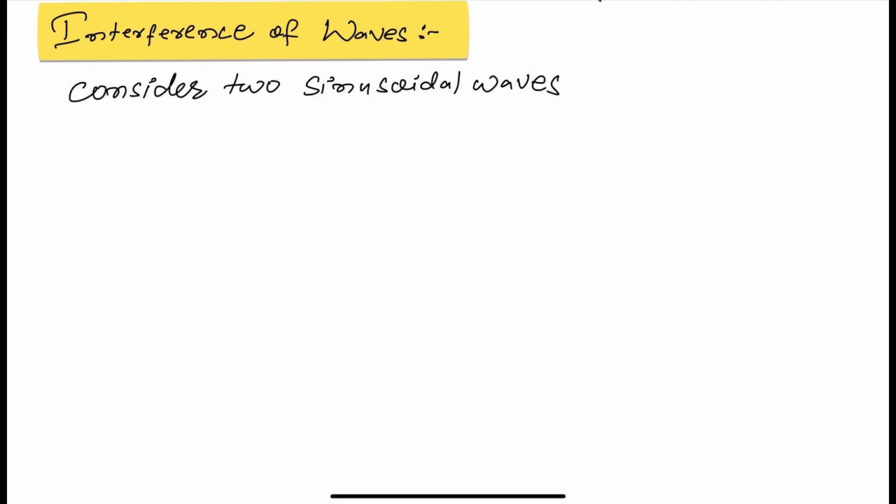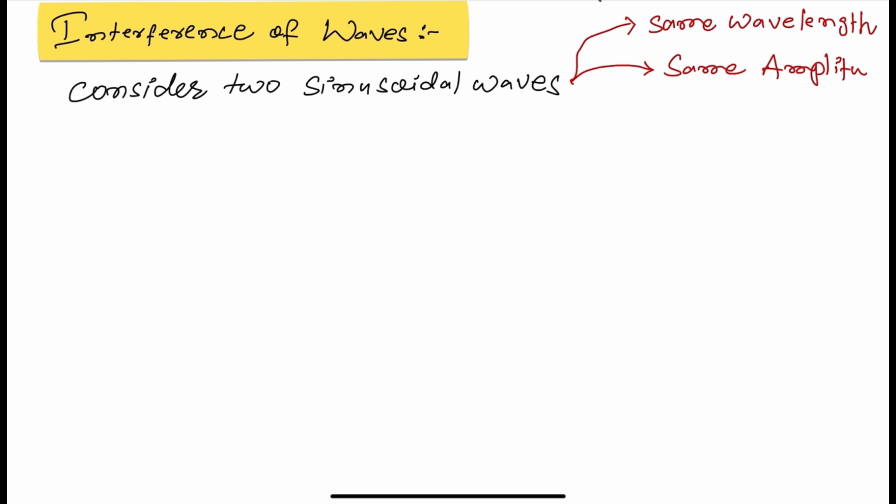They have the same wavelength and the same amplitude, traveling along the same direction, which means along the same line.